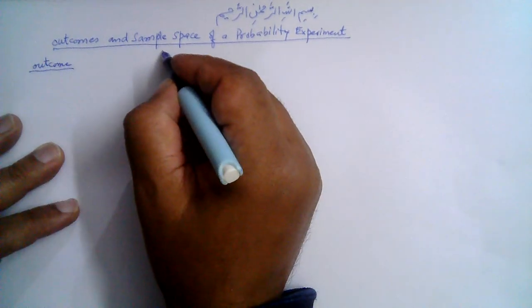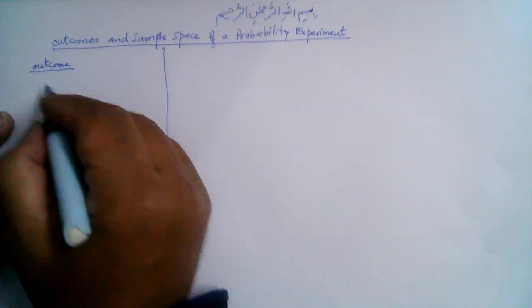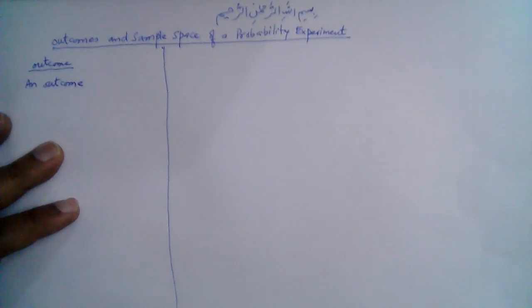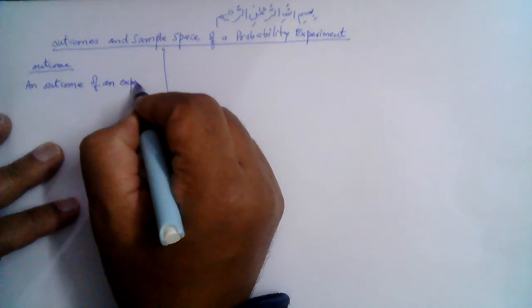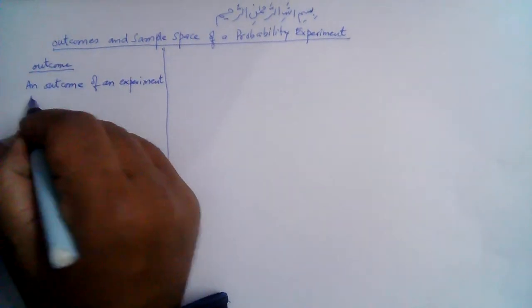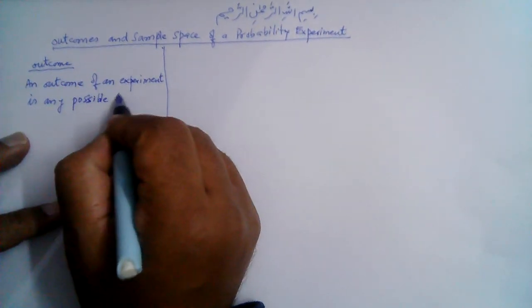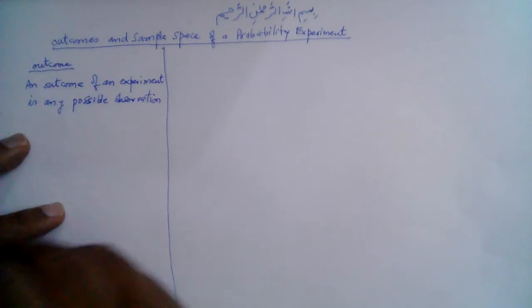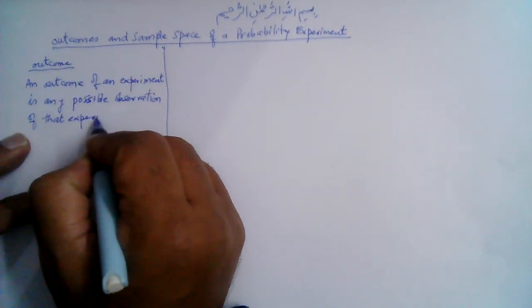Let me draw a line here. So an outcome of an experiment is any possible observation of that experiment, right?